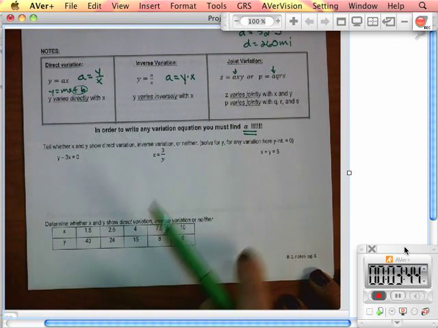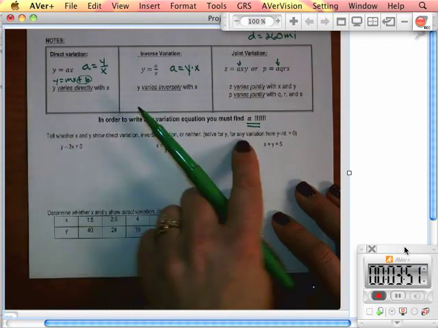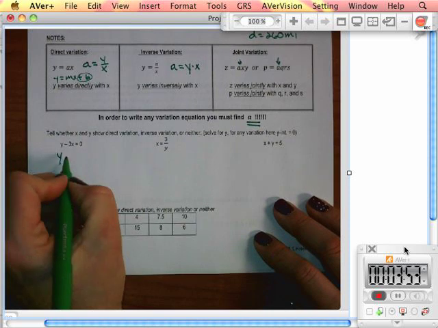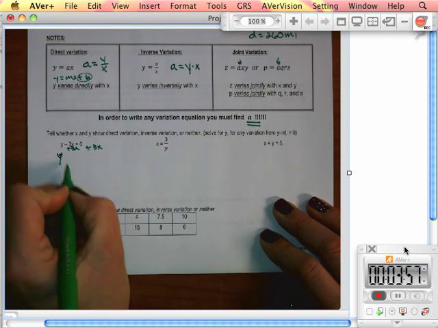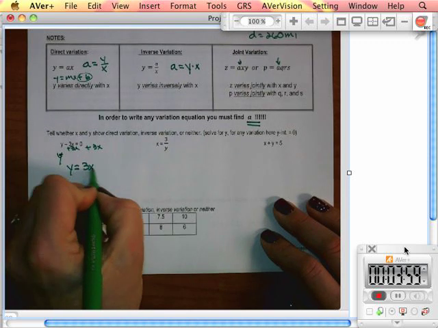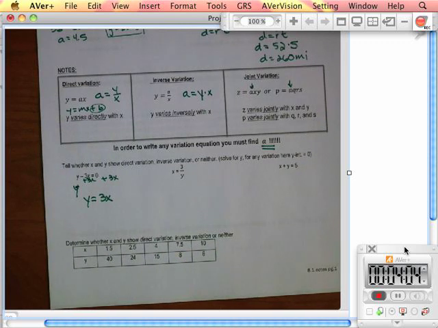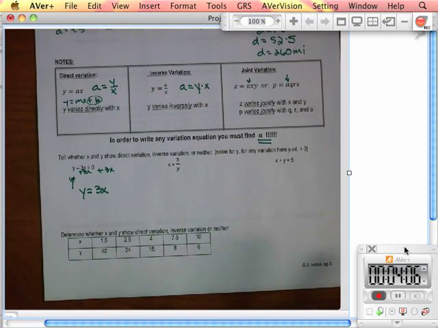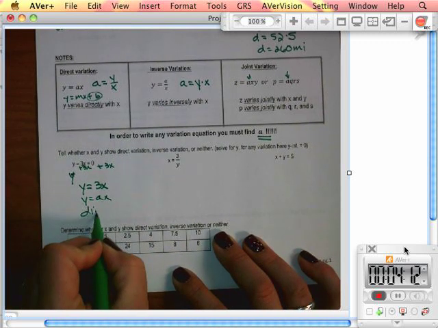So those particular graphs always go through 0. So here, you've got to just solve for y. So y plus 3x, y equals 3x. Okay, so take a look at that. Which one is it? Direct, inverse, or joint, or neither? It's direct. So that's all you would say. It's direct. y equals ax. That's direct.